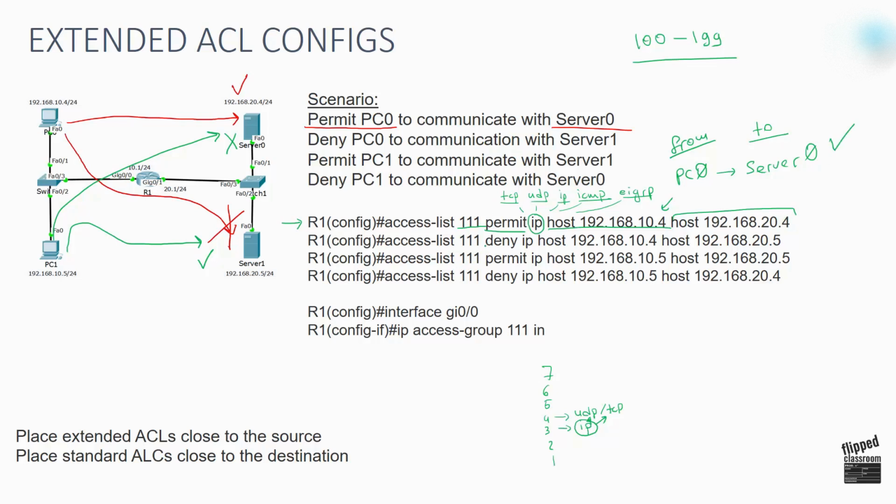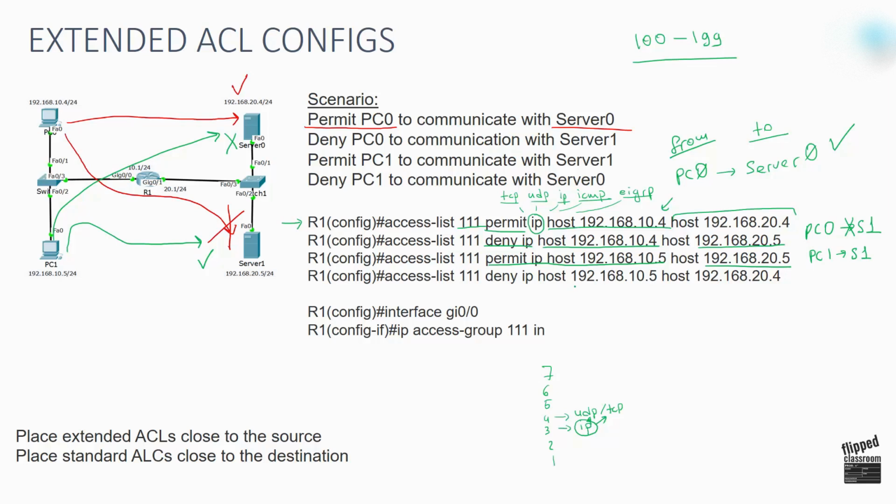Our second row will deny IP communication from PC0 to server 1. PC0 is denied to communicate with server 1. Next, our rule will permit IP communication from host PC1 to server 1. PC1 is able to communicate with server 1.